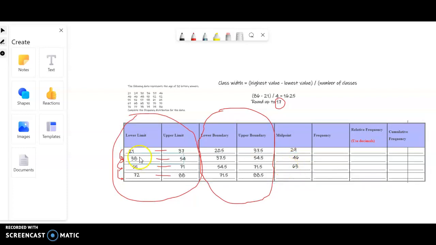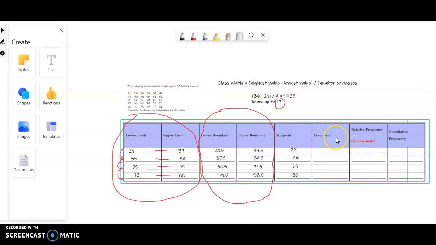So that class width, to go down your table, it works for every column thus far. Okay, it doesn't hold true for the frequency stuff, but thus far it does. And the last one is 72 plus 88. Divide by 2, which is 80. And you can double check your math there by seeing that 63 plus 17 is 80.